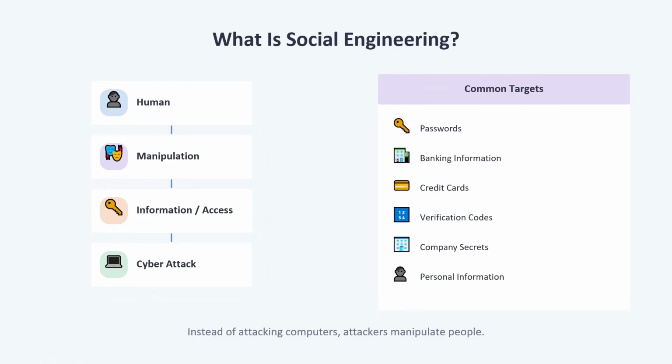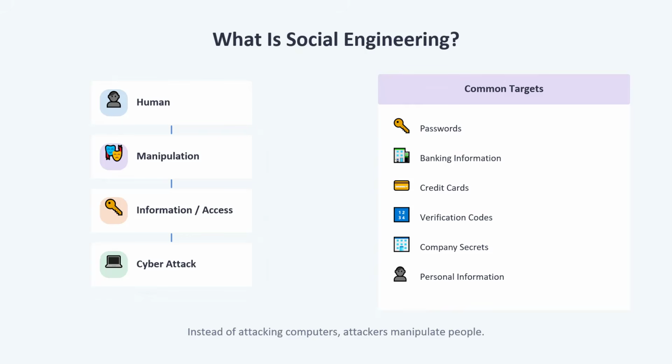performing actions that benefit an attacker. Instead of attacking computers, attackers attack people, because in many cases, breaking human trust is much easier than breaking modern security systems. The type of information that they are usually seeking are your passwords, banking information, credit cards, or verification codes to reset your passwords or lock you out of your accounts, and then company secrets and your personal information.